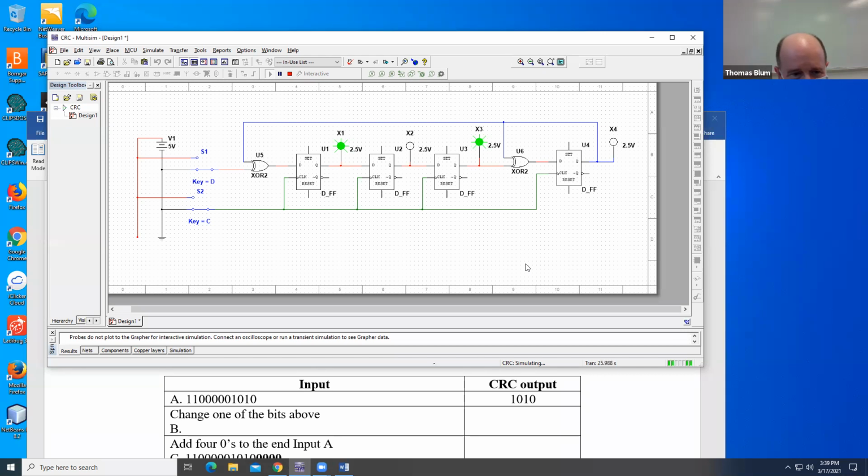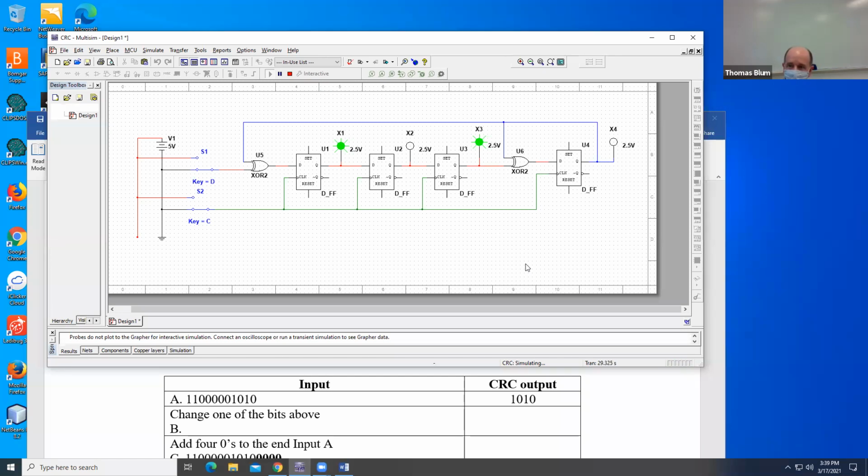Now, the idea of error detection is that if there was an error in the data, you would get a different result. And if that error were to have occurred, you will notice it. So there's a sender. We're talking about some kind of transmission of data.